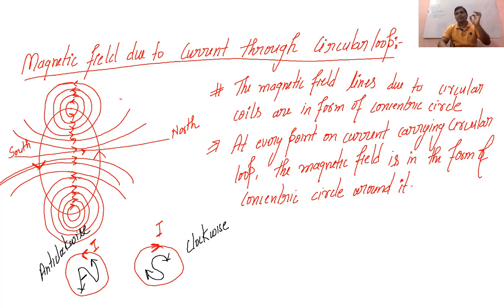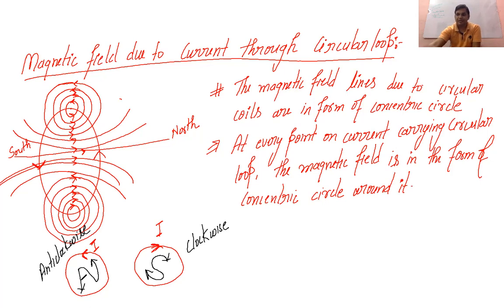It will have a north pole in front, और जो बैक में हो जाएगा वो क्या हो जाएगा? आपका साउथ पोल. अगर आप देखते हैं करंट की डायरेक्शन क्लॉकवाइज में है सर्कुलर लूप में, तो इसका मतलब फ्रंट वाला दैट विल एक्ट एज अ साउथ पोल बट द बैक विल एक्ट एज अ नॉर्थ पोल. ये आपको याद रखना है बच्चे, ये बहुत ही इंपॉर्टेंट है.